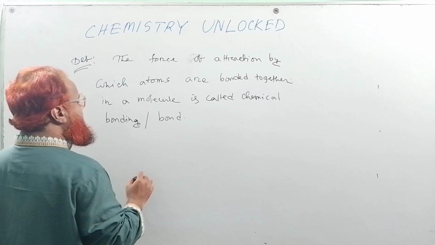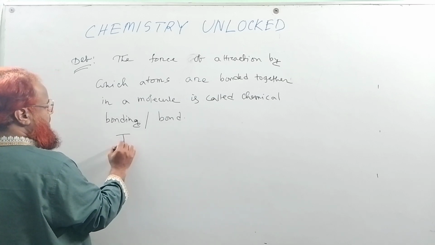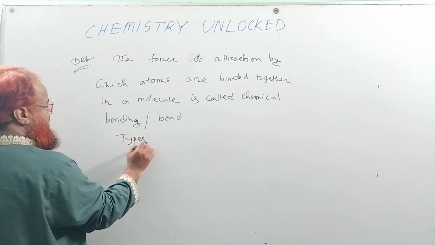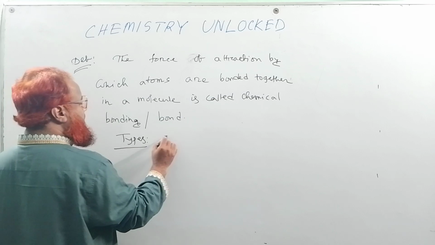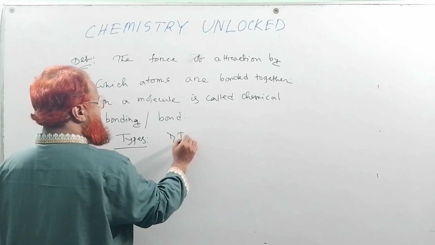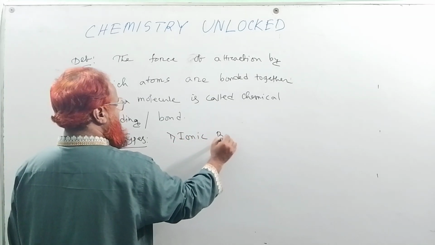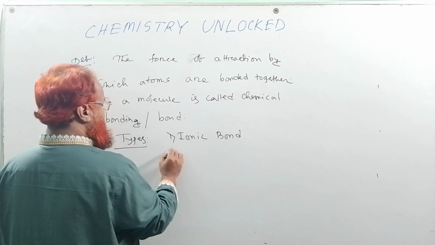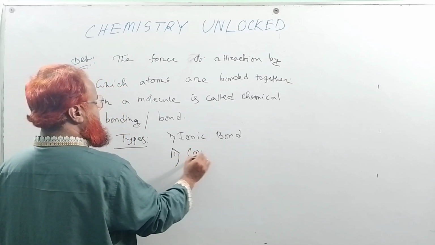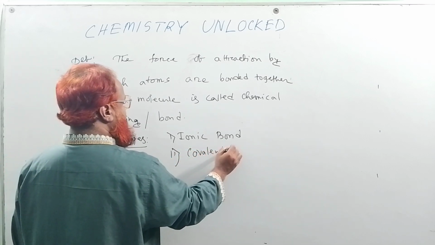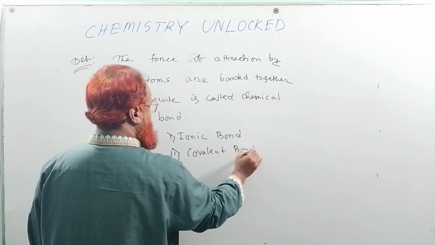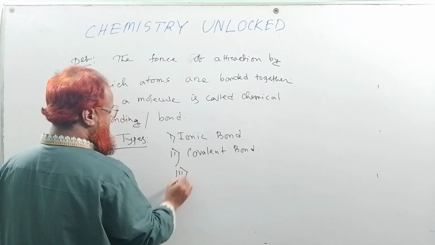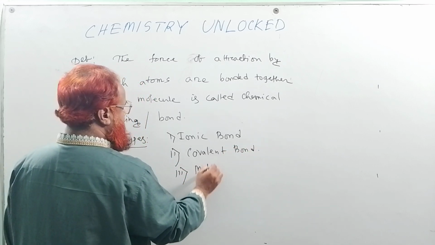Chemical bonds are of different types, that is ionic bond, covalent bond, metallic bond.